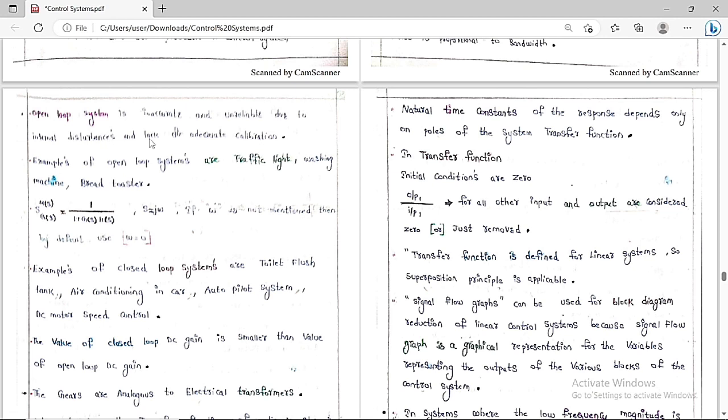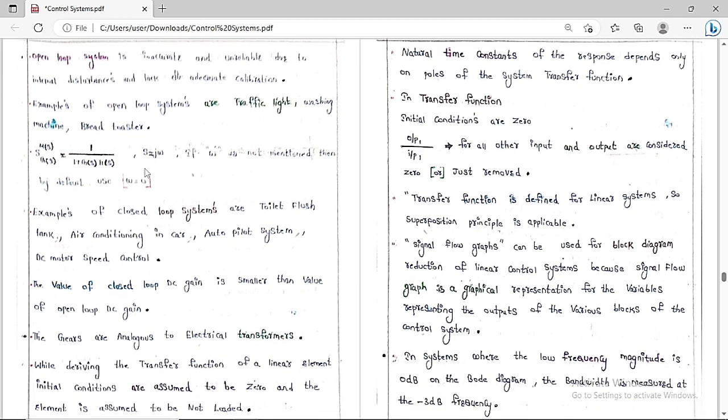It is the responsibility of the customer to take it out whenever they see fit. So these are called open loop systems because the customer has to take care of these things; the system doesn't know what is happening. These are the best examples of open loop systems: the traffic light, washing machine, and bread toaster.